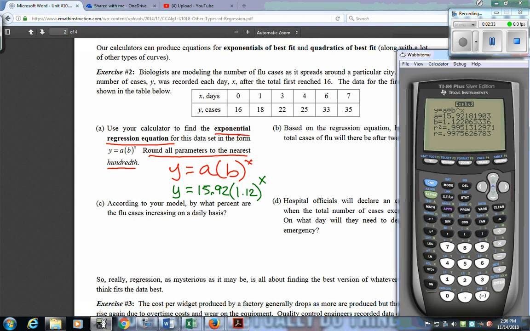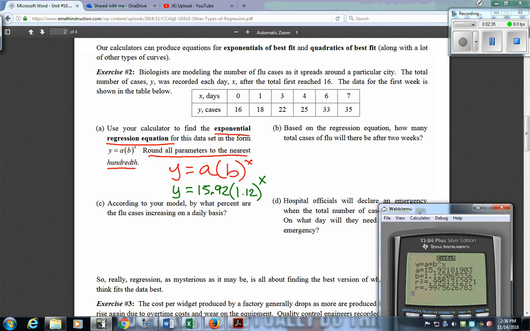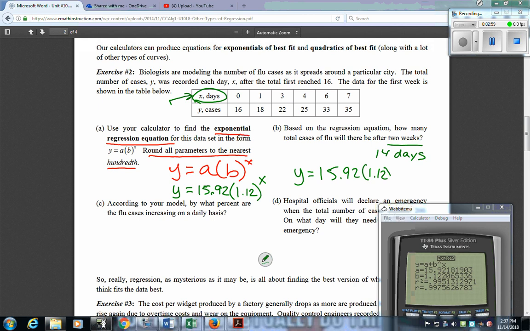So having that now, we can answer the question. B says, based on the equation, how many total cases of flu will there be after 2 weeks? So x is days, and they're asking about weeks, so we got to convert that. So 2 weeks would be 14 days. And we got to put 14 in for the variable it refers to, which is x. So I'm going to write my equation, but now, instead of the x, I'm going to put 14 in as the exponent.